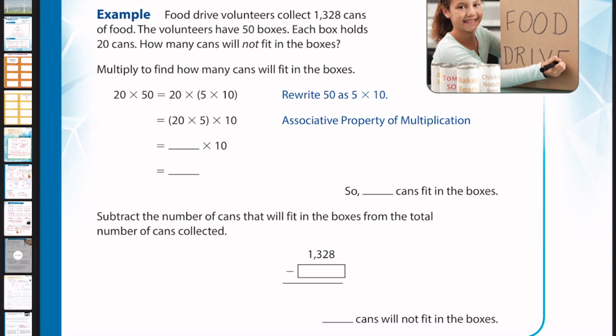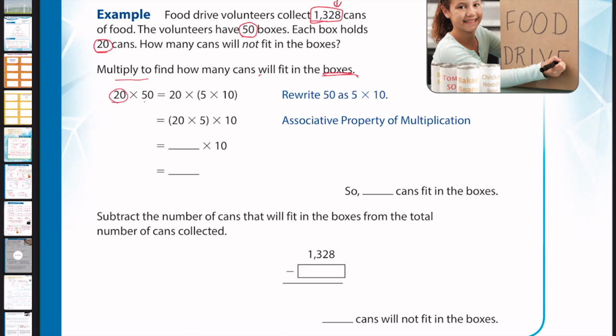Food drive volunteers collect 1,328 cans of food. The volunteers have 50 boxes, and each box holds 20 cans. How many cans will not fit in the boxes? All right, so they collect this many food. Okay, this many cans. Very good. Now multiply to find how many cans will fit in the boxes.